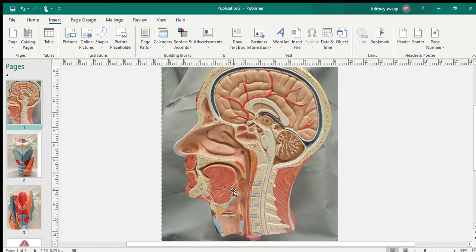So now we have a hyoid bone, and you can see that a little bit right here, that white part. Then we have what is called the epiglottis, shown in this blue area right there. Epi means above, so below the epiglottis we have the glottis. The glottis contains both the vocal cords and the hole between them.